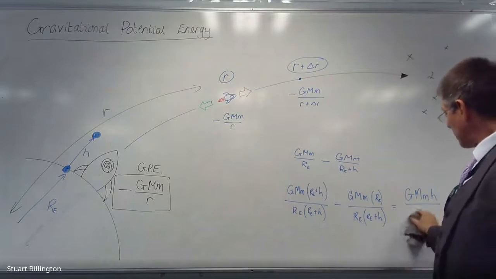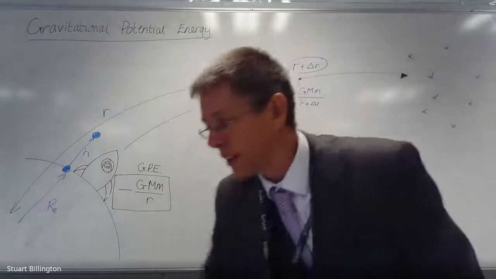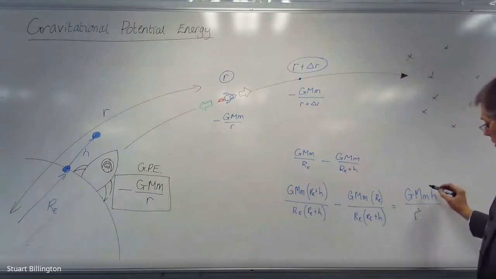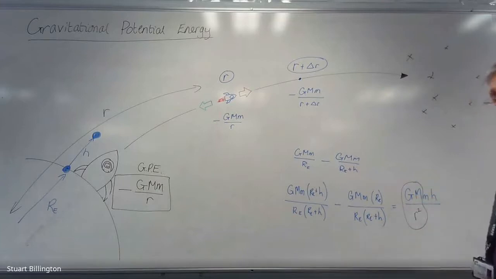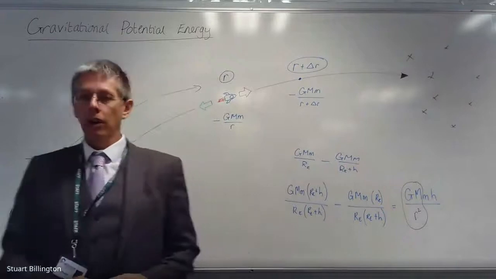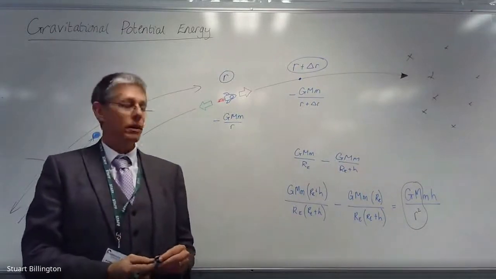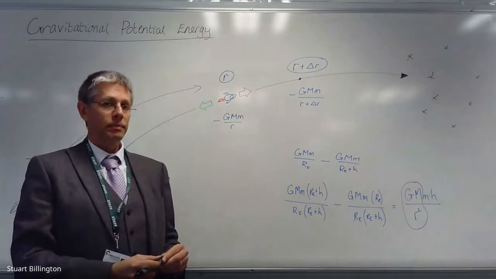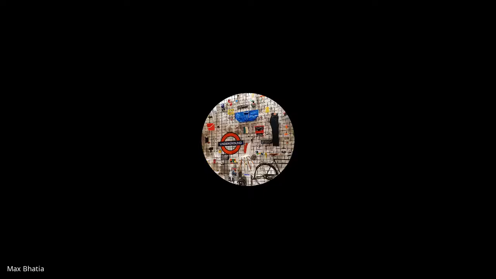And if I just put that back to R rather than RE so that you can recognize it, you should see that that bit there already has a name. What did we call GM over R squared last time? Little g, gravitational field strength.